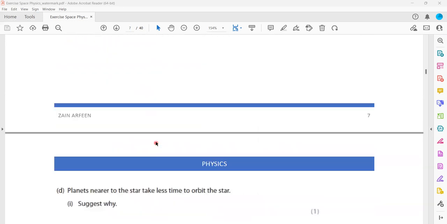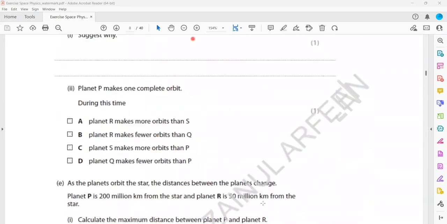Now, which statement is correct? C is correct. Planet S will make more orbits than P. Why? Because planet S is closer, so it will cover more orbits than planet P.